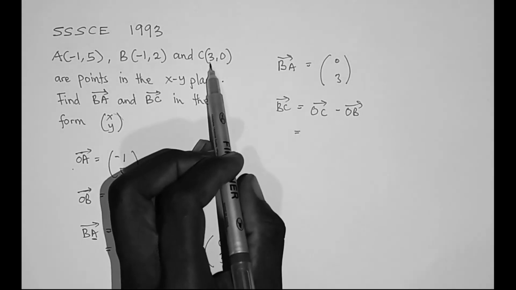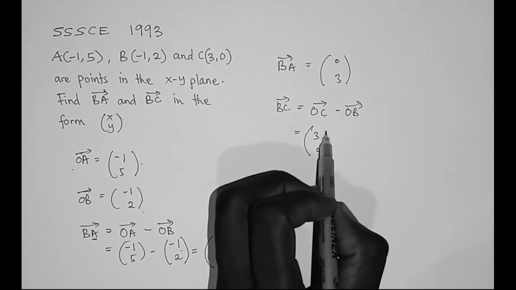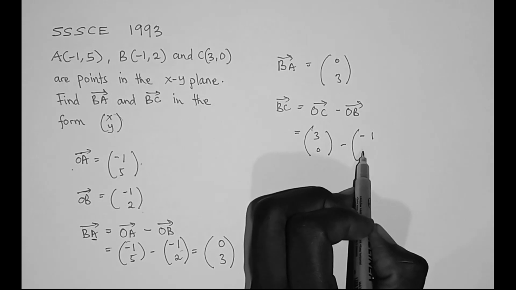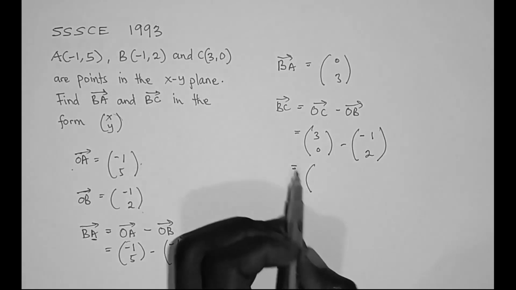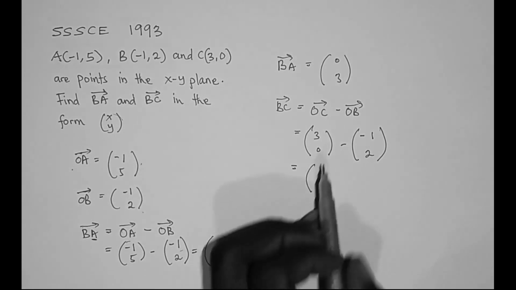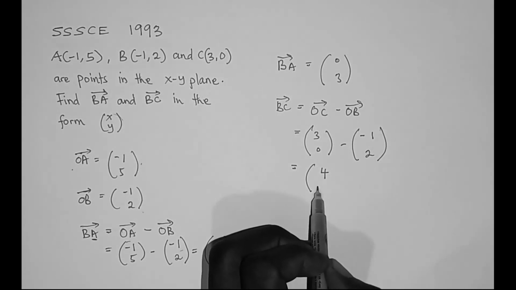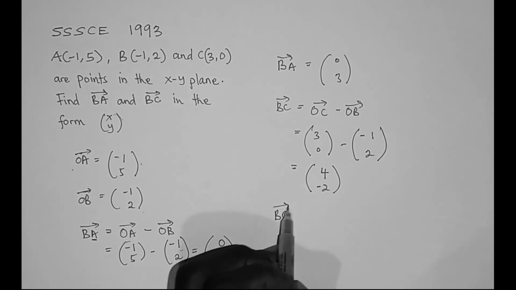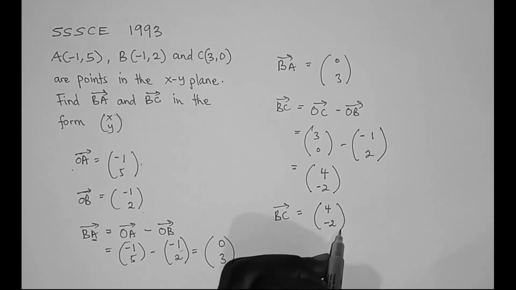So OC is 3, 0, minus OB, which is -1 and 2. And this is equal to 3 minus -1, which is 3 plus 1, which is 4. And 0 minus 2 is -2. And therefore, the vector BC is equal to 4, -2.